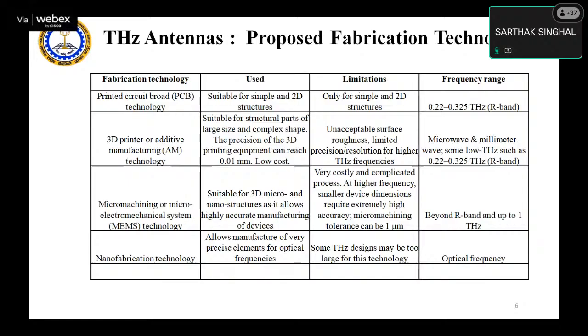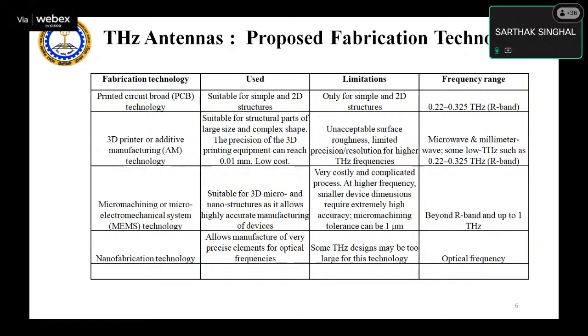The problem with this technology is that there will be surface roughness, which is not acceptable at these terahertz frequencies, so it will be a problem. Then there will be limited precision and resolution for higher terahertz frequencies.